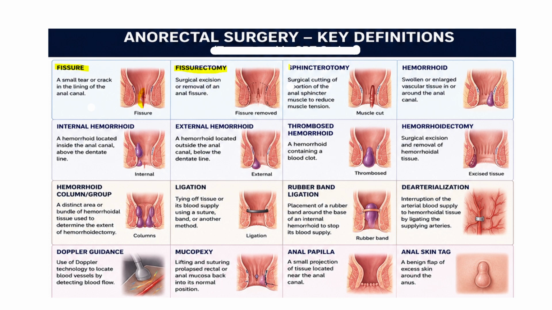Next we have a sphincterotomy. Here the muscle is cut. When the sphincter muscle is cut by the physician so that there will be a reduction in the muscle tension, then we call it a sphincterotomy.